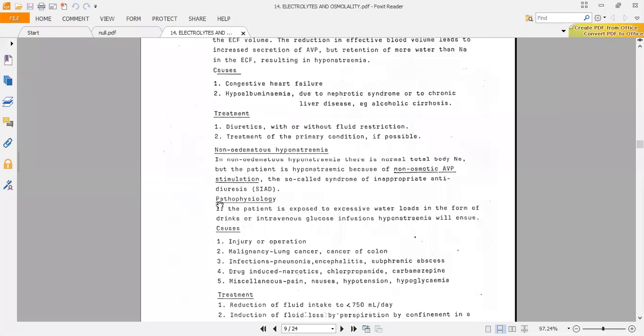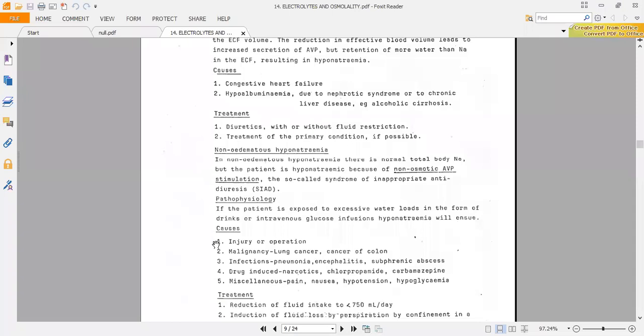From this side of the slide, you notice that they said injuries or operations. So for post-surgical patients, you have to be very careful with the amount of water you are giving them, because they are at risk of syndrome of inappropriate ADH release. Then cancers, people with liver cancer and colon cancer, are also at risk.